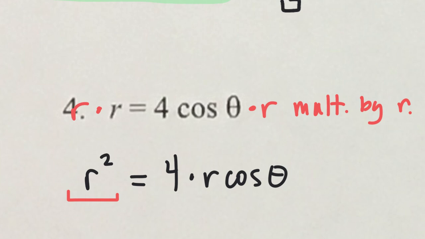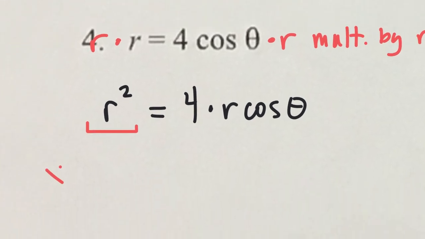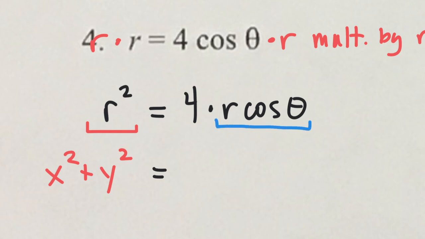I can replace r squared with x squared plus y squared, right? So no longer do I have an r on the left side, and I can replace r cosine theta with x. So I have the equation x squared plus y squared equals 4x.